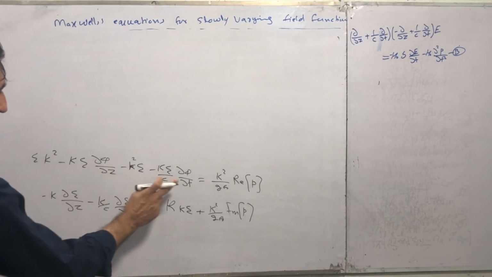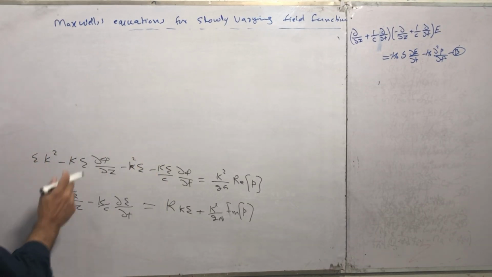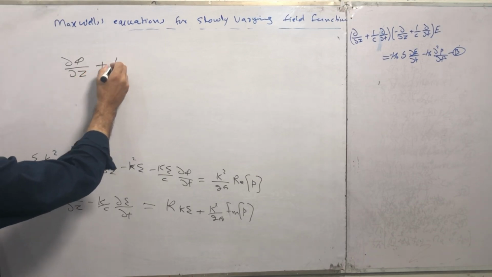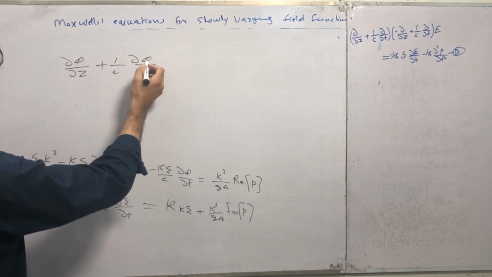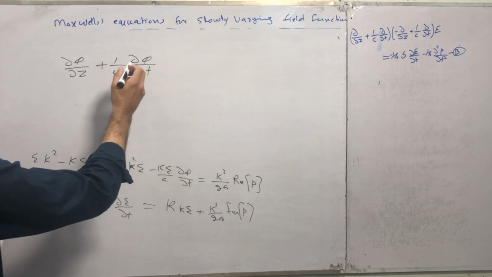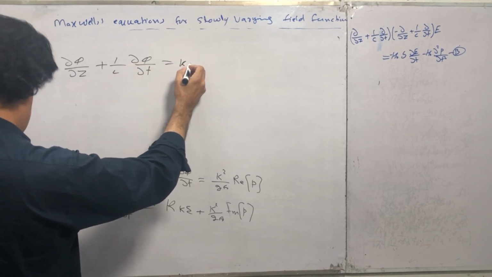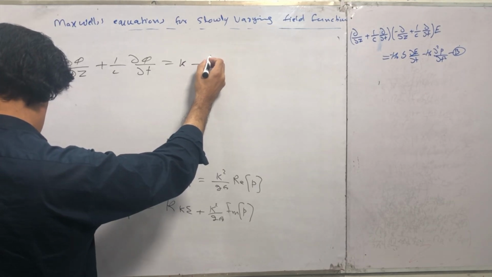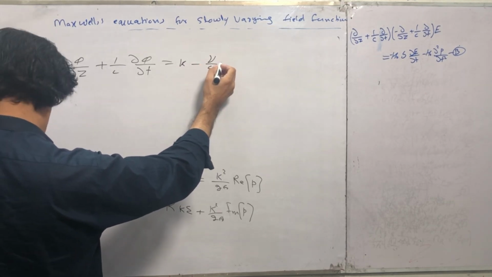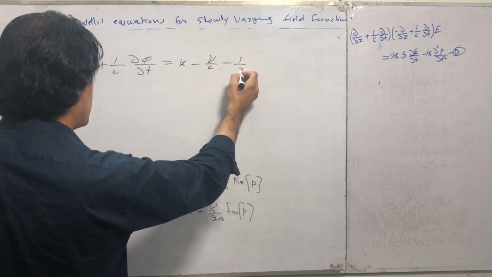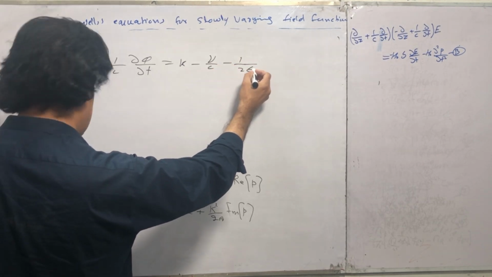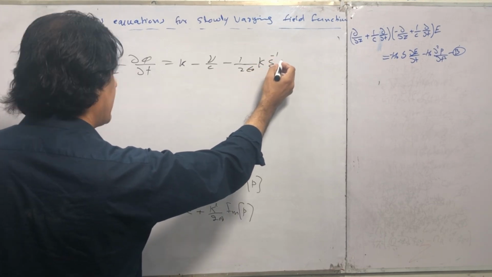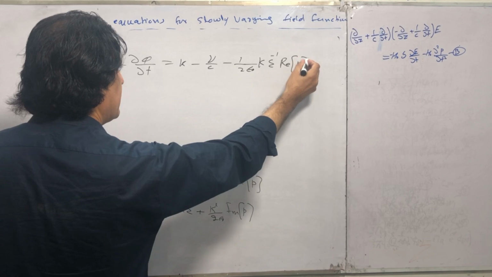I will take this term, and partial phi divided by partial z plus 1 over c partial phi divided by partial t, which is equal to k minus nu divided by c minus 1 over 2 epsilon naught k minus 1 and real of p.